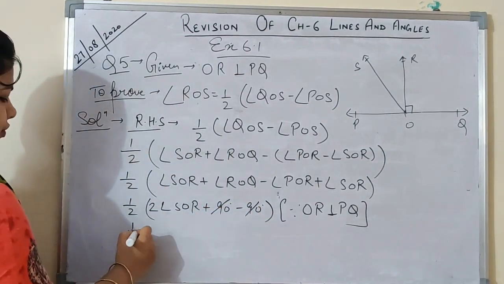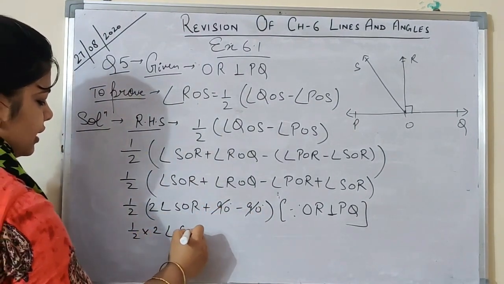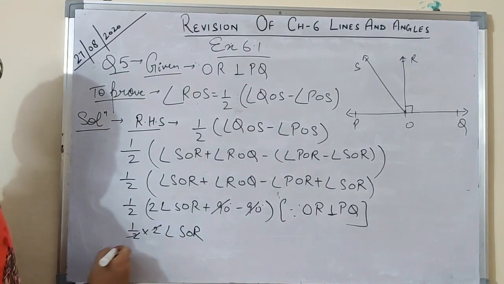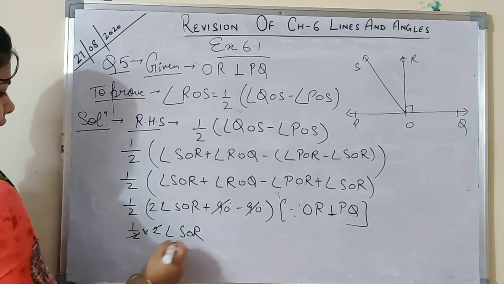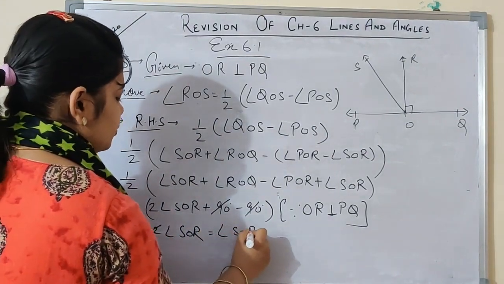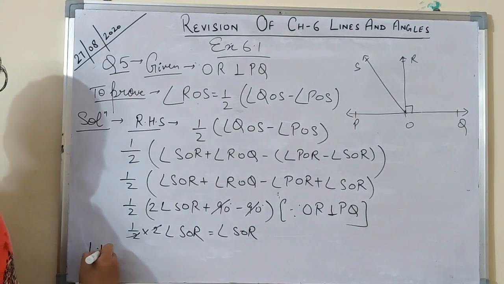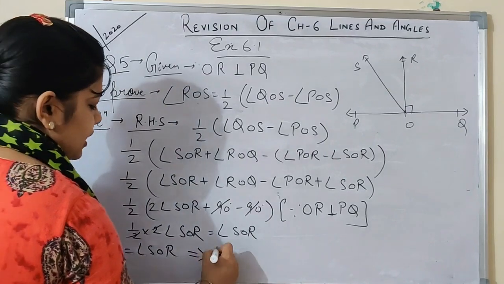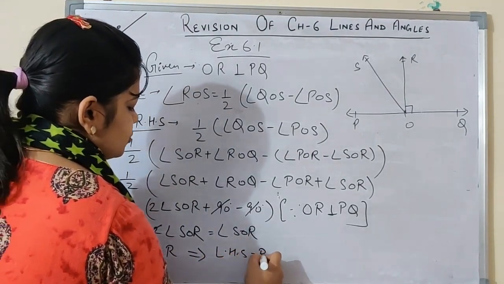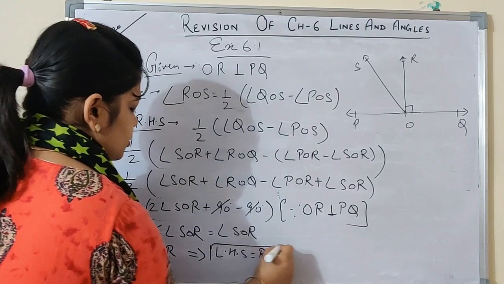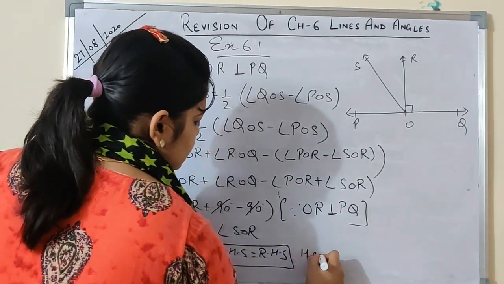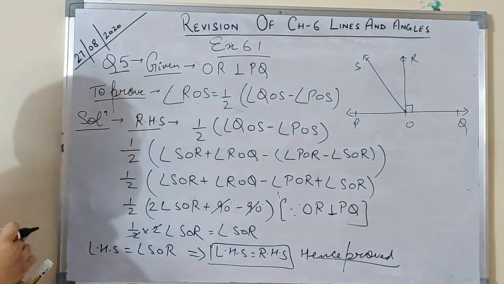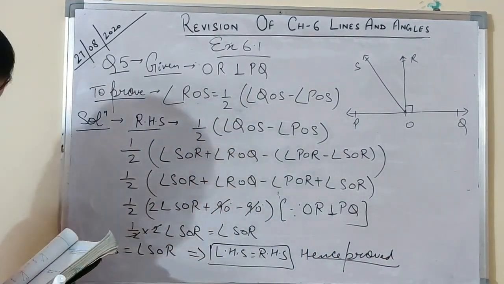So after cancelling it out, we will get half into twice of angle SOR, that is 2 will be cancelled with 2, and then we'll get angle SOR, and we know that this is also our LHS. So LHS is angle SOR only. So this implies that LHS is equal to RHS. So hence proved. So like this you will be able to solve this question.